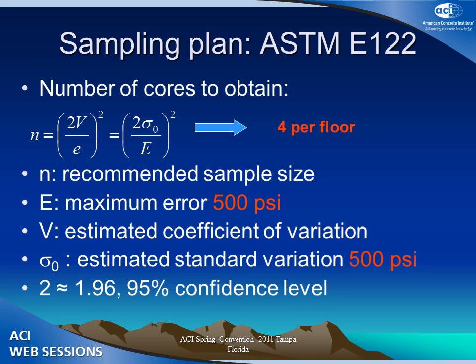What we did was make a guess that the maximum error we could live with was 500 psi, and that the estimated standard deviation is 500 psi. I'd like to say we made that after considerable thought and research, but we picked them so that this number would be 4. And it turned out to be 4.